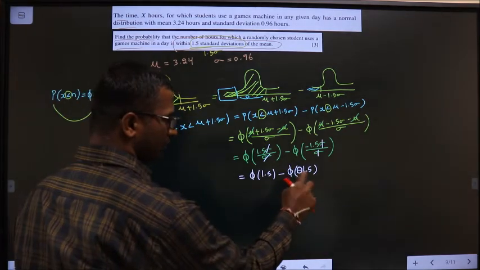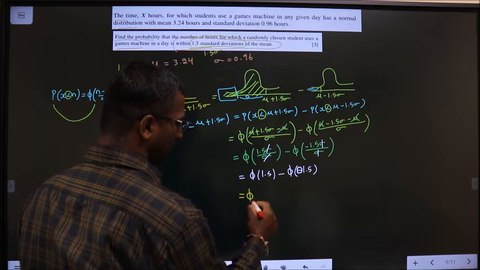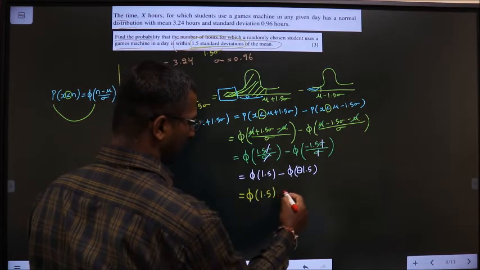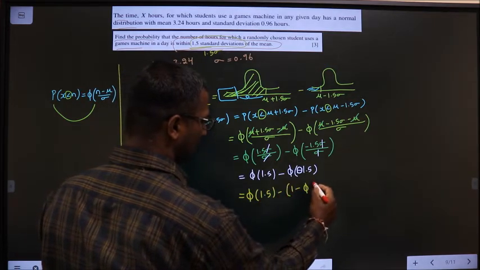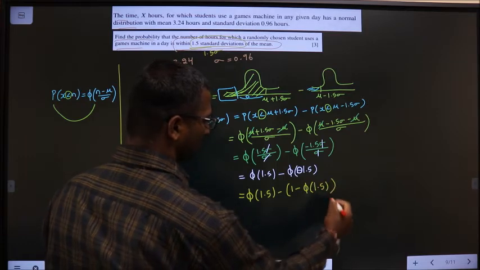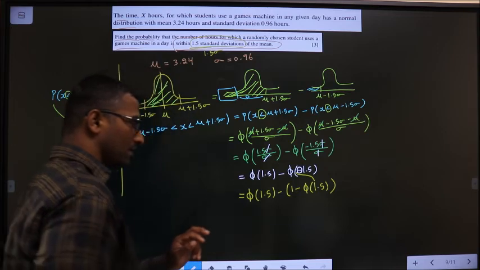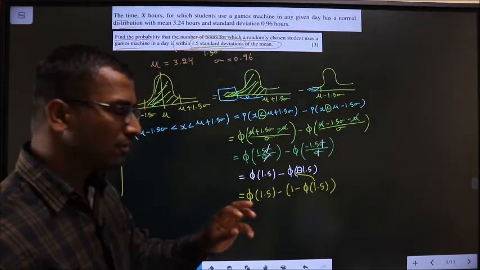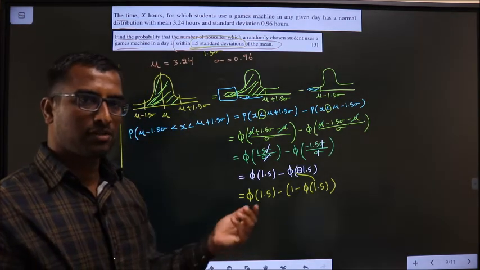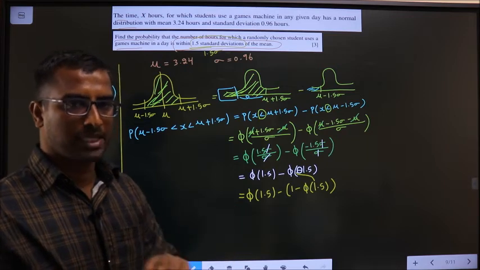For that, we have to do 1 minus. What I mean is phi of 1.5 minus (1 minus phi of 1.5). Whenever I do 1 minus phi, the negative will get converted to positive.